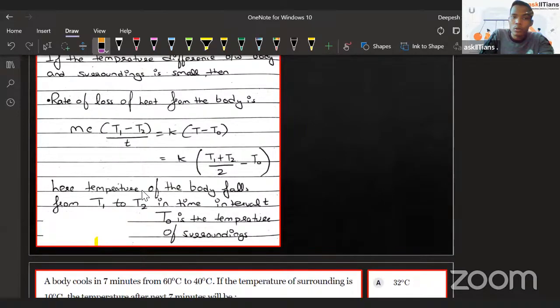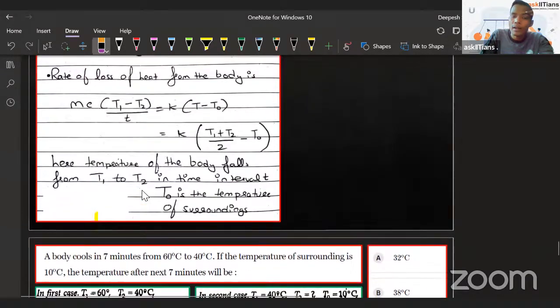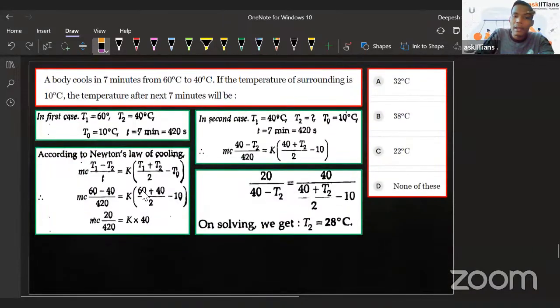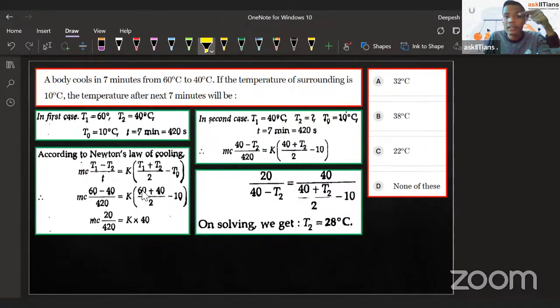Now, using this formula, you can see that this is not only one formula over here, there are two parts of this formula. Right now, I am using this part over here. This equals to this. If I'm using this part of the formula, then I can apply it again. How can I apply it again? In the second case, in the next 7 minutes, the starting temperature will be 40 degrees Celsius.